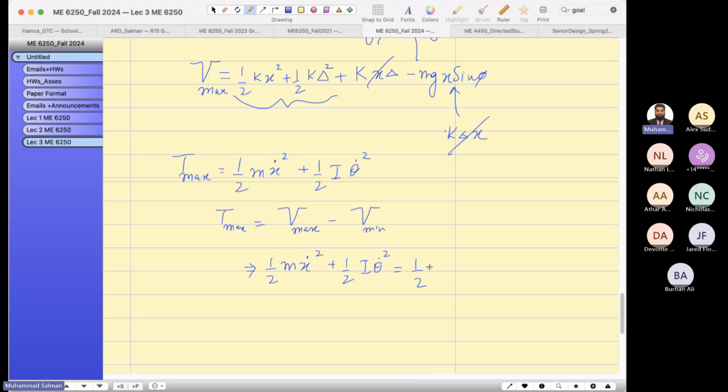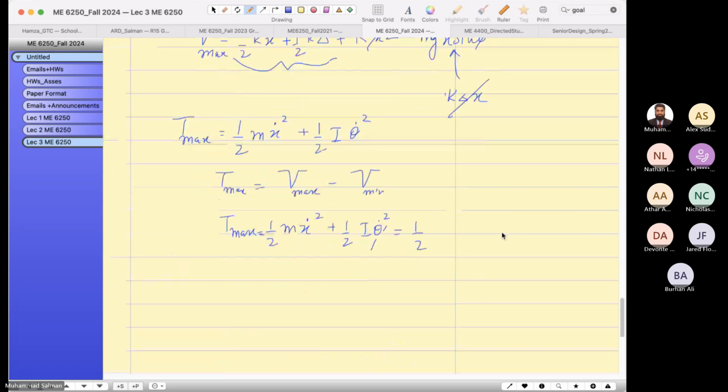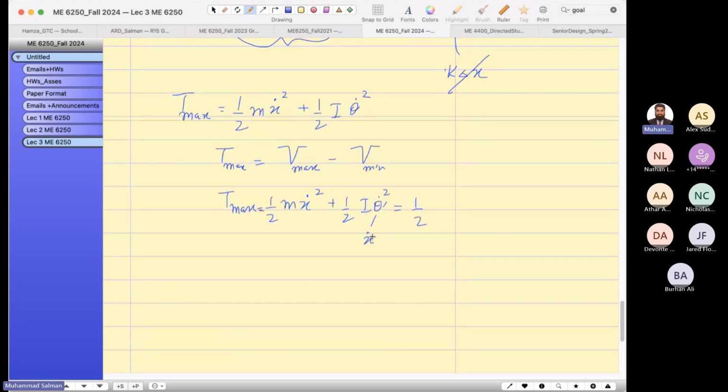I can rewrite this T max. This is my T max, in terms of x dot. Can I replace theta dot by x dot over r? So I can replace this by x dot over r square. So I can rewrite here half into m plus I over r square, x dot square.